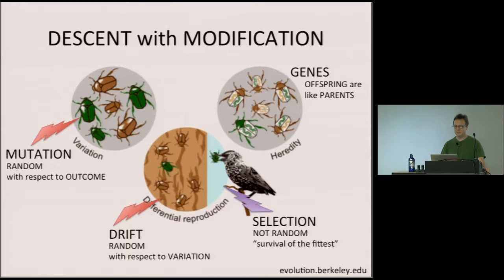And then you need some sort of differential reproduction, so not everyone can reproduce infinitely. Differential reproduction can be driven by selection, this idea that the traits that allow you to survive and reproduce are good, or it can be constrained by drift, or random differential reproduction. So that's what we covered last week.